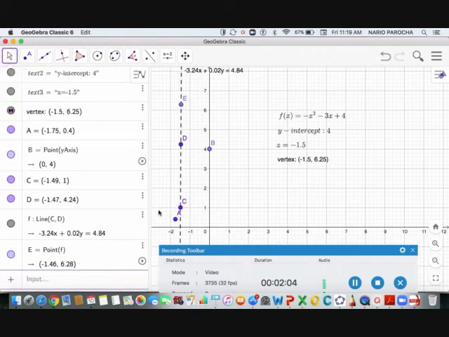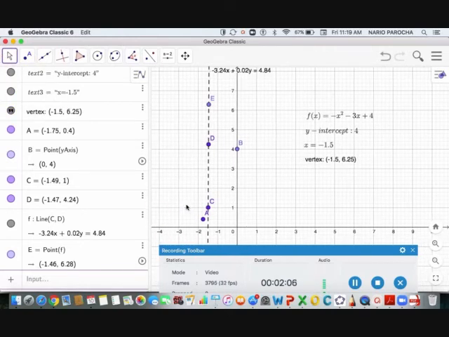Let's move this a little right there, because we're going to reflect this point on the other side. Remember, the axis of symmetry is a line dividing the parabola into two congruent halves, and each side is a reflection of the other side.